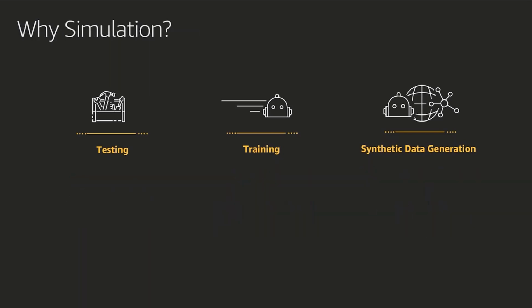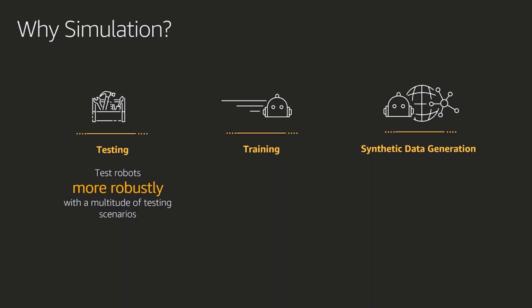You might be asking, I can do all of these things in the real world on a physical robot. Why do I want to do that using simulation? Well, for testing, it's more robust. You can design a large variance in the environment so that it can cover a lot more test cases than you can in the physical, real world.